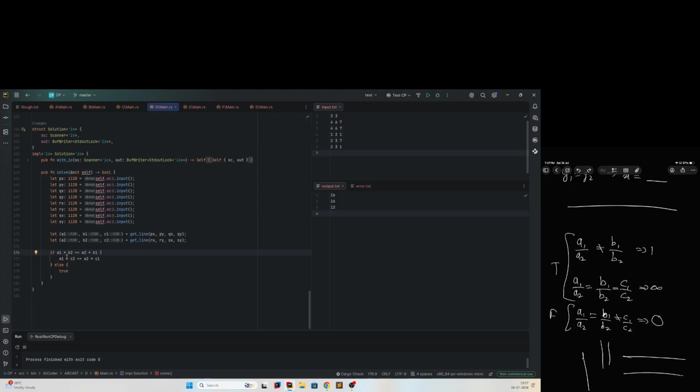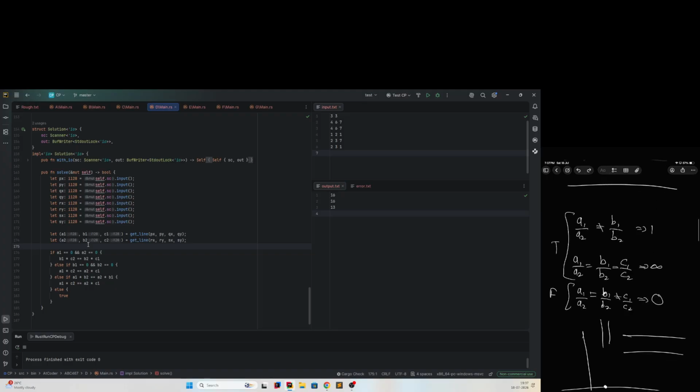I didn't need to handle it, but anyway, I did the x and y axis, and then this formula. As I said, instead of doing integer division, I prefer checking the multiplication.